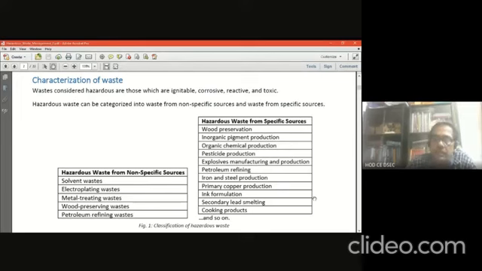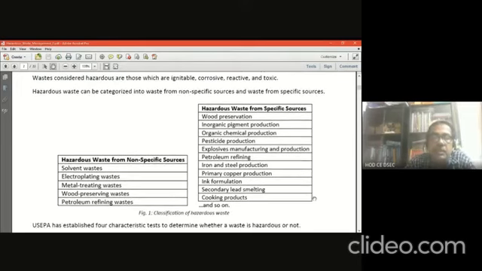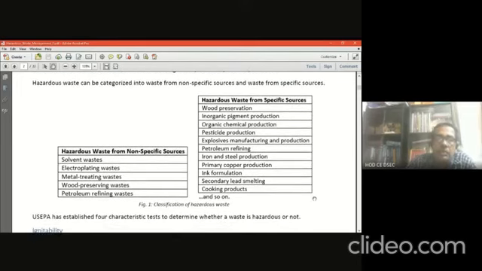These are the hazardous wastes from specific sources, and so on, because it is not an exclusive list. So I have told some of the major parts.